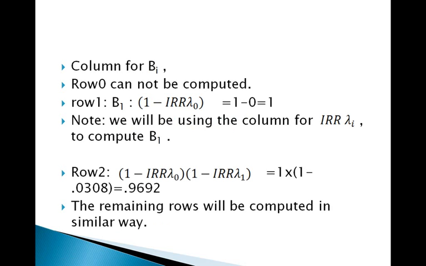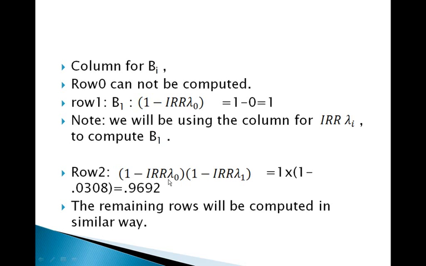The column B sub i is again 0, and row 0 cannot be computed. Row 1, however, is 1 minus that value we calculated of incident rate ratio times lambda sub 0. We will be using the column of the incident rate ratio lambda sub i to compute B sub 1.